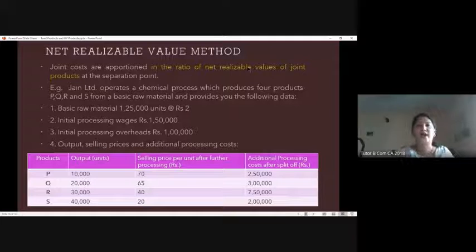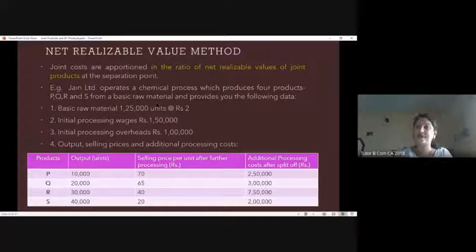And of course, joint costs are apportioned in the ratio of net realizable value of joint products. Net realizable value of joint products is computed as such, where we will look into the saleable value, the profit, the cost, all associated with that before we come to a conclusion.